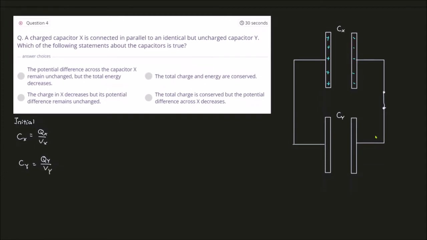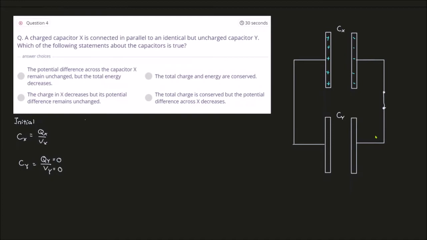What we know for now is that capacitor X is charged, capacitor Y is uncharged. So capacitor Y should not have any charge stored in it, so Qy should be 0. Because Qy is 0, therefore Vy is also 0. There's no charge stored, so there should not be any potential difference across it.